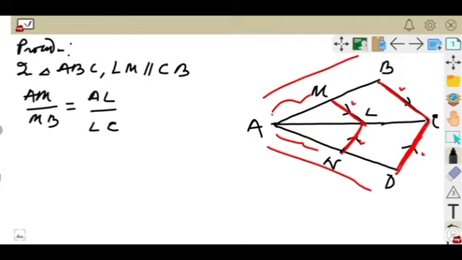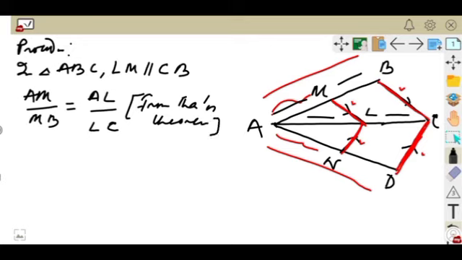Let me repeat. AM by MB equal to AL by LC. And you can write here from Thales theorem. And this one I'll give equation 1.